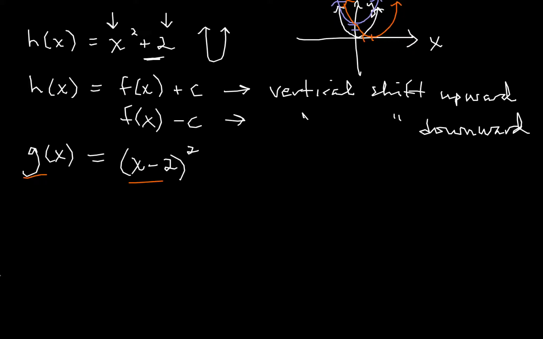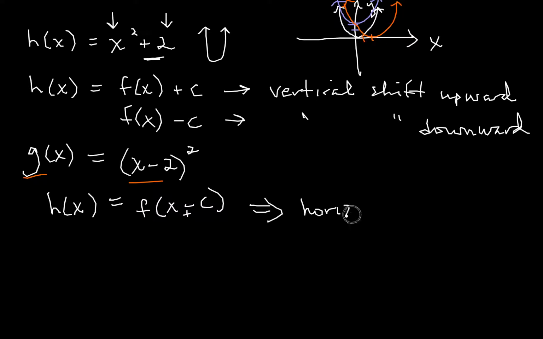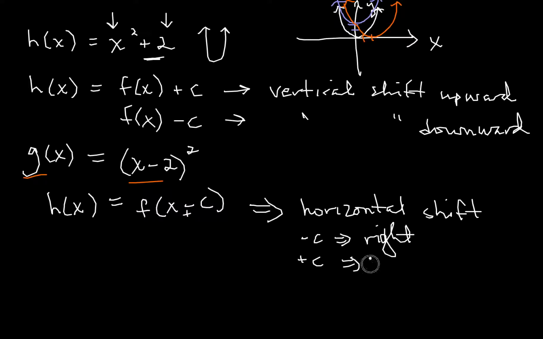And the little rule for this is if you have h of x equals f of x minus c, or you could say plus or minus depending on which way you're going to do it, it would be a horizontal shift. If it's minus c, it's going to go to the right, and a plus c, it's going to go to the left.